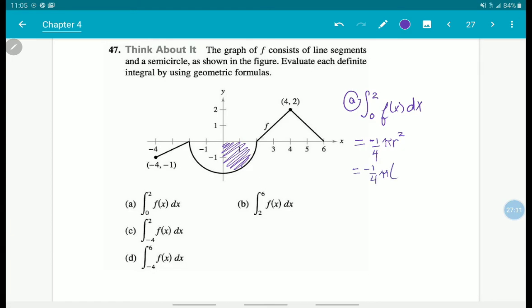The radius for this circle is 2. So if we multiply everything out, negative 1/4 times 4 would be 1, or negative 1. And then times pi would be a negative pi. So that area would be negative pi.